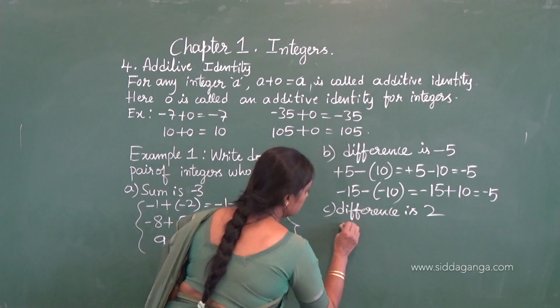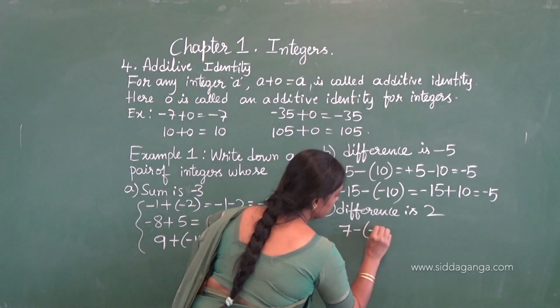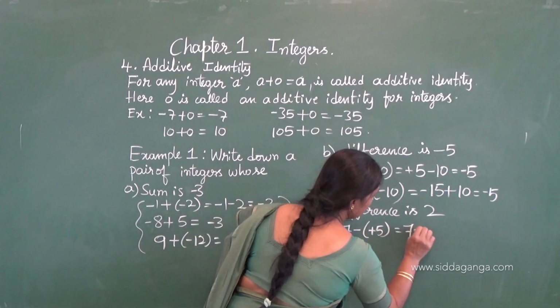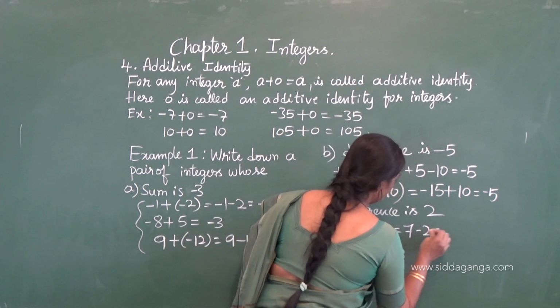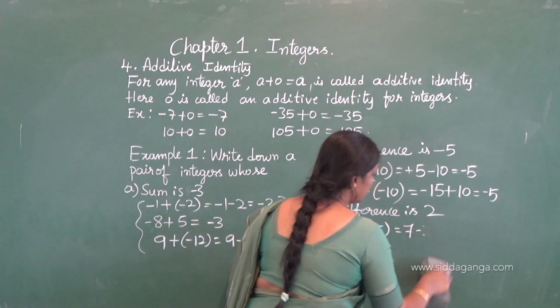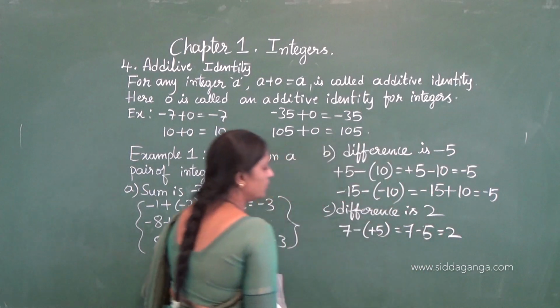How can we get it? 7 minus 5 is equal to 2.